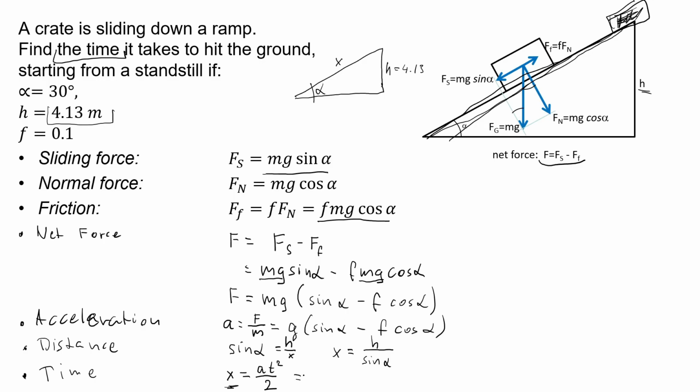From this formula, we can find that t squared equals, I have to multiply both sides by 2, so I will get 2x divided by a, so t equals square root of 2x over a.